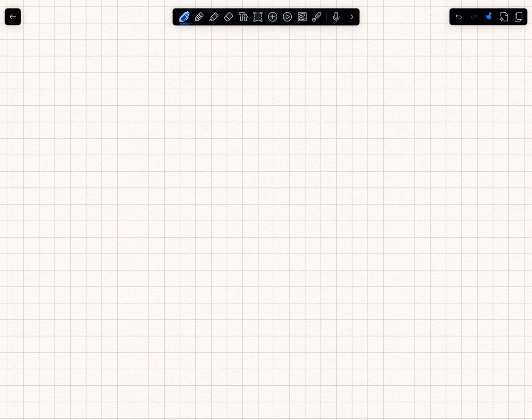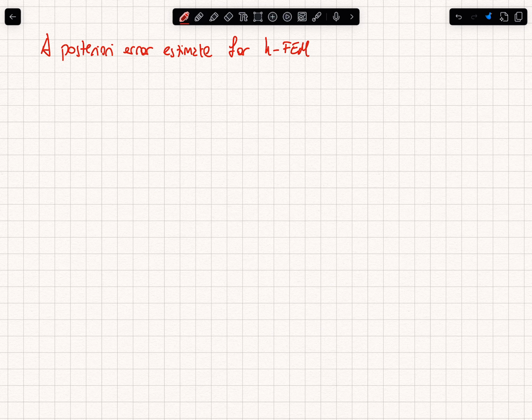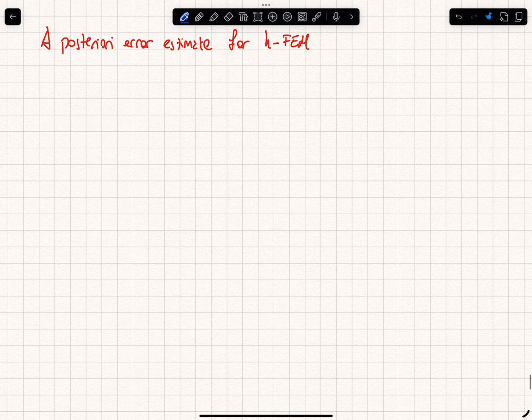So let's look at the a posteriori error estimate. Recall that for HFEM we have an algebraic convergence.